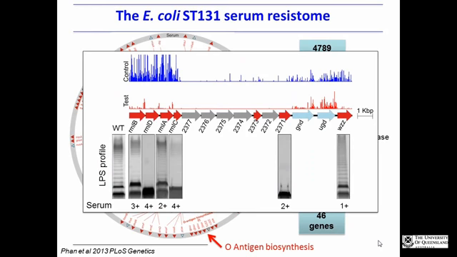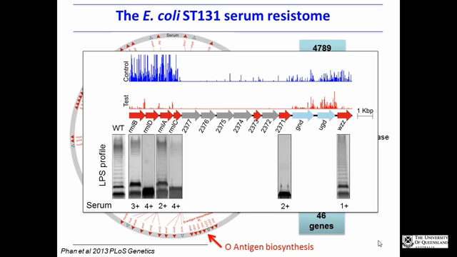So this is what the actual data looks like when you plot it. Here's our control, or our input pool, and you can see the numbers of insertions plotted there. And here's a group of genes that were required for survival in human serum, and you can see the difference in the number of mutants that are recovered from those two populations.